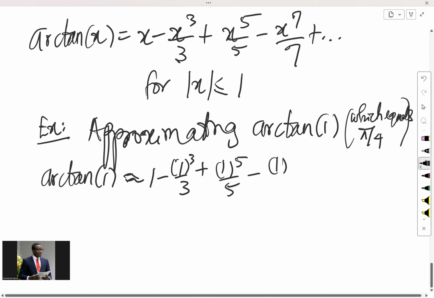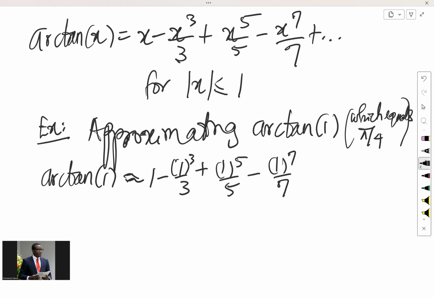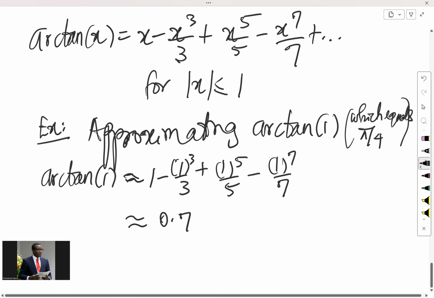Then minus 1 raised to power 7 all over 7. By now, you already know that 1 raised to power anything is 1. 1 raised to power 1 billion is 1, so that's why all of these are just 1 straight. So if we do this approximately, it is 0.7. And the exact value is pi over 4, which is roughly 0.7854.